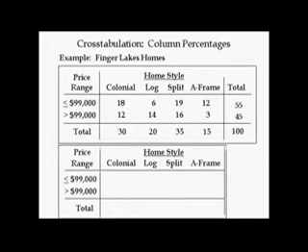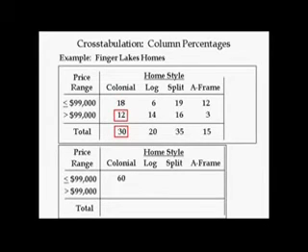In our example, we can compute column percentages as probabilities conditional on home style. We're going to ignore the row totals. The column percentage in the first row and first column is found by dividing 18 by 30. The resulting value can be interpreted as a probability of a randomly chosen home being priced at $99,000 or less given it is colonial, which is equal to 60%.